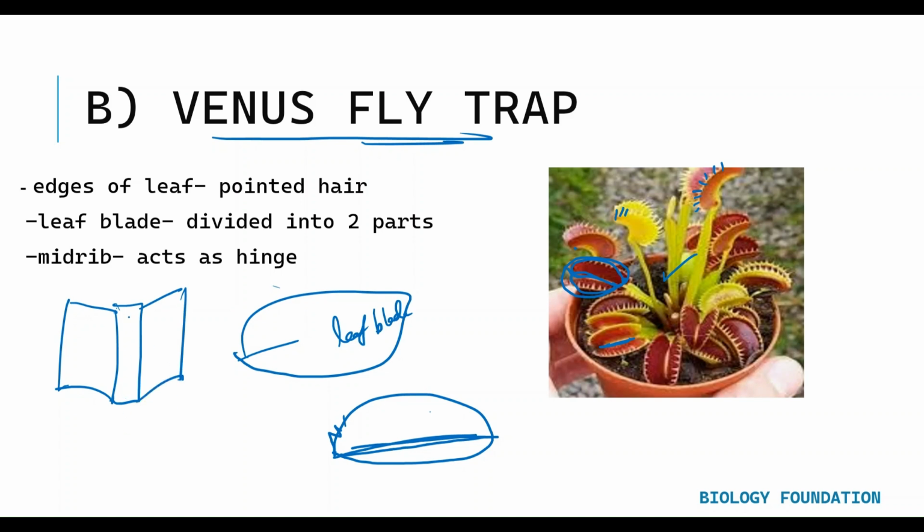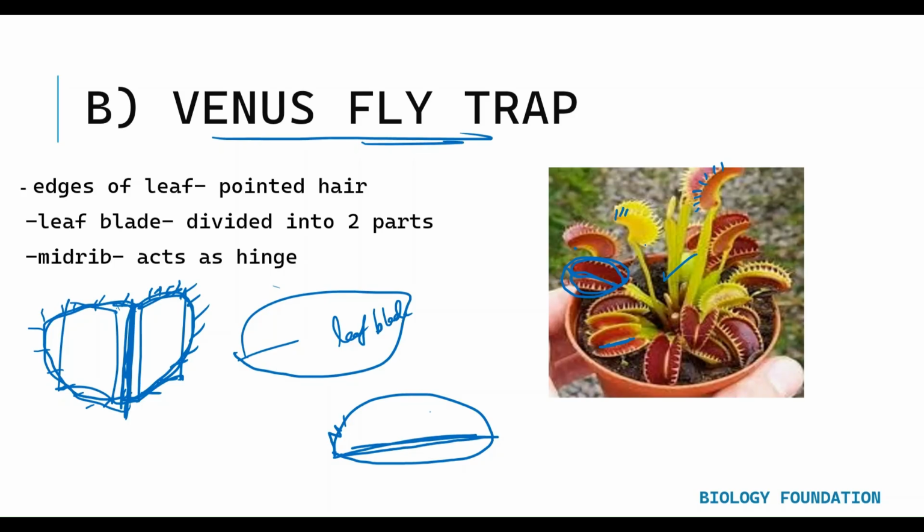Assume this is your midrib, and this is one portion of the leaf blade, this is the other portion of the leaf blade. Actually it is one leaf only. This is acting as one portion, this is acting as the other portion, and the edges have hair-like structure. And this is Venus flytrap.